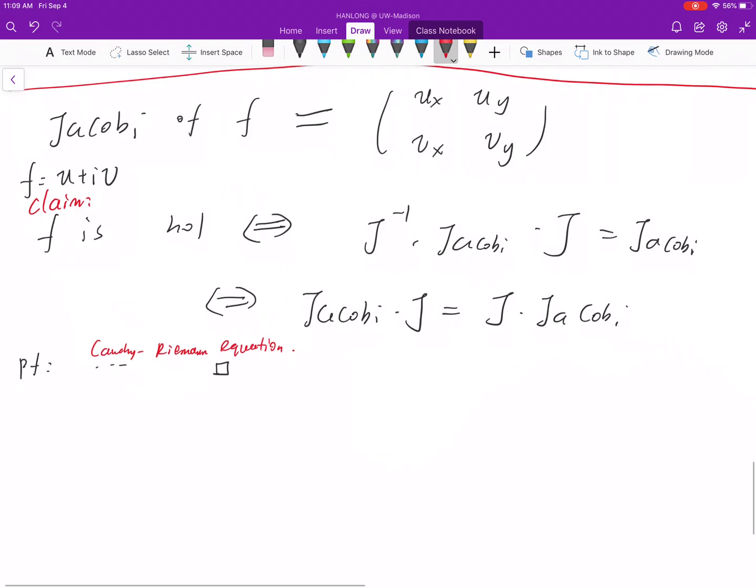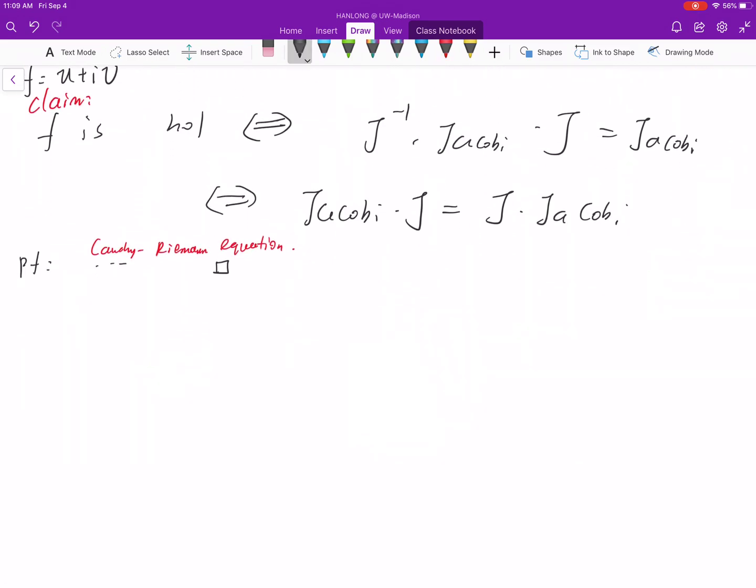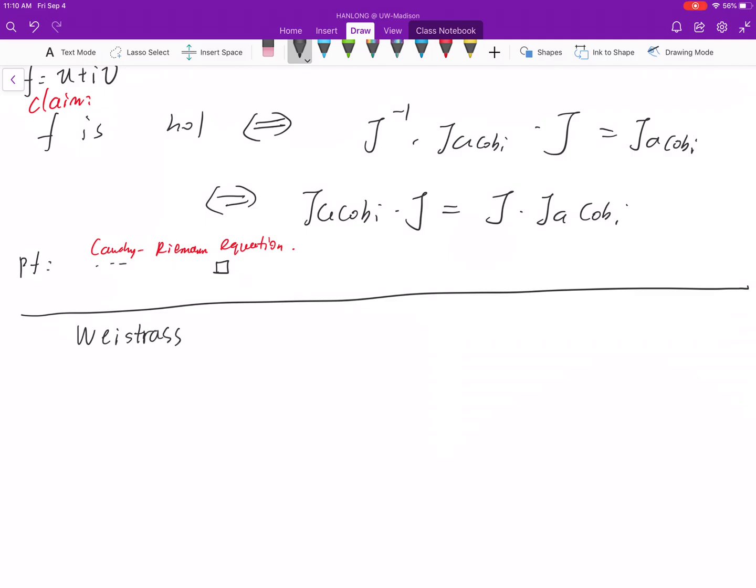Okay. Now let's start another topic. Above we used the approach given by Cauchy and Riemann. Now we introduce the approach given by Weierstrass, who viewed holomorphic functions as a generalization of polynomials. That is another way.